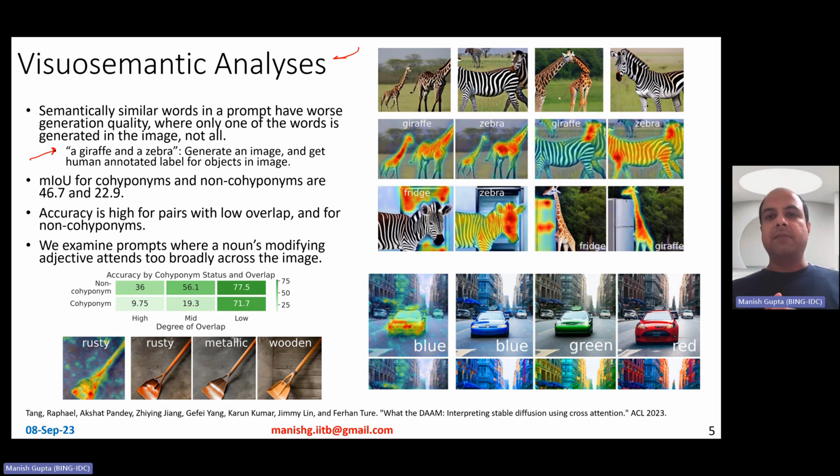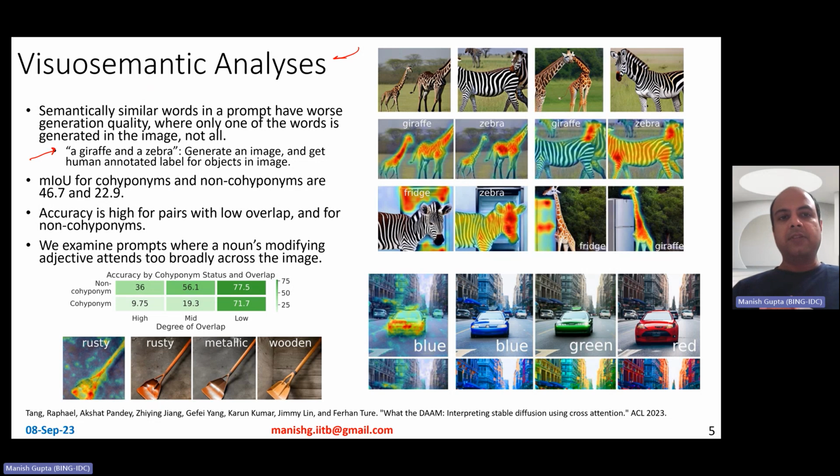So giraffe and zebra are both, let's say, grazing animals, and grazing animals are in general animals, and animals are organisms and so on. If you look at giraffe and zebra, they are at the same level from the top root node of the WordNet graph. So you can call them co-hyponyms.